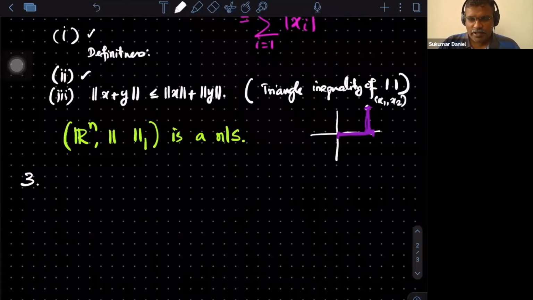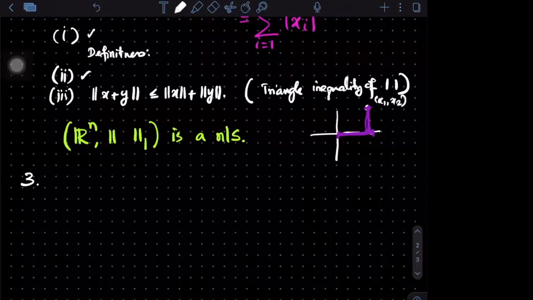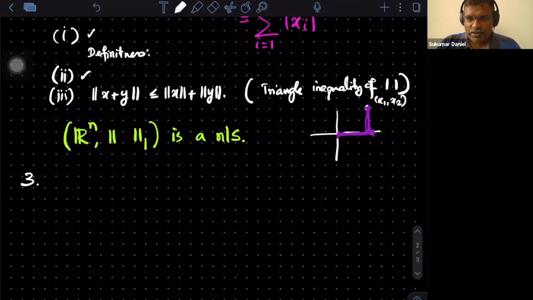Is that the question you're asking? Yes, sir. Rn is constructed out of n copies of R, and each R modulus is a norm. And I take the sum of these norms. That's what I took as a definition in the Rn case. And it turns out to be a norm. Do you think that this will always give you a norm?